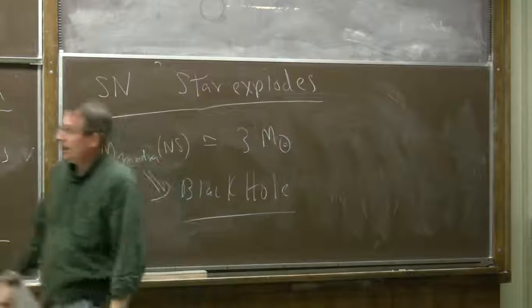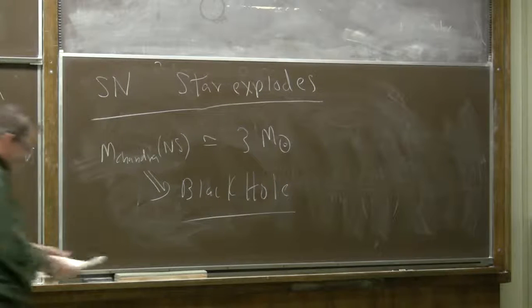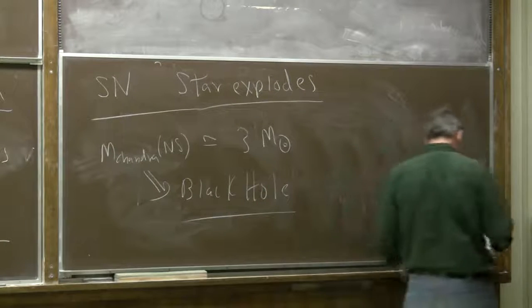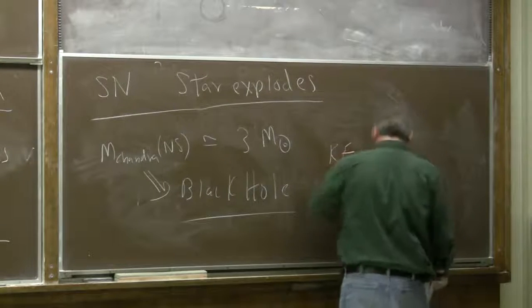And, to estimate in order of magnitude the size of a black hole, its gravitational attraction is so strong that light can't escape from it. And so, well, this is kind of crude, but it gives the right order of magnitude.